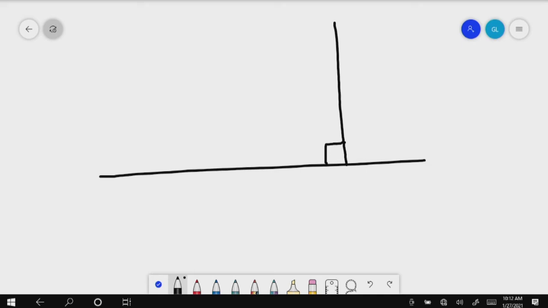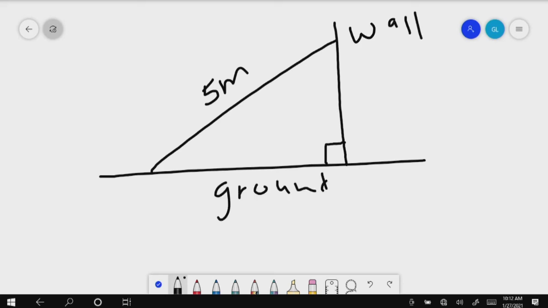They said a ladder 5 meters long. So there we have a ladder from the ground resting on the vertical wall. And they said the distance from the foot of the ladder to the base of the wall is 3 meters. They're asking us how far up is this ladder reaching?